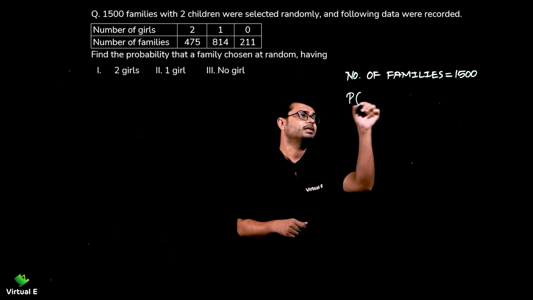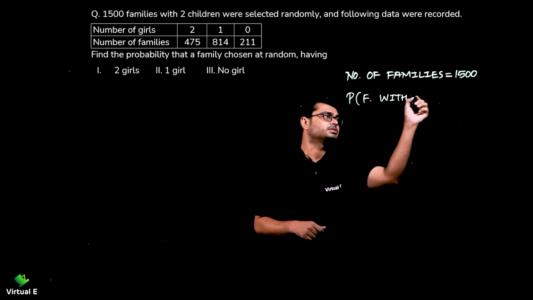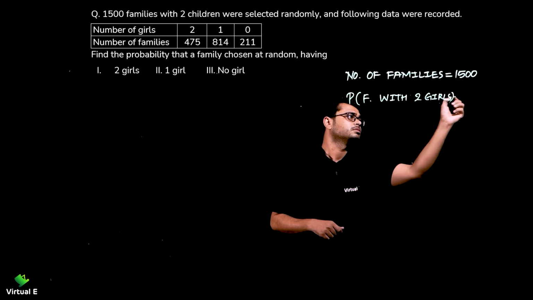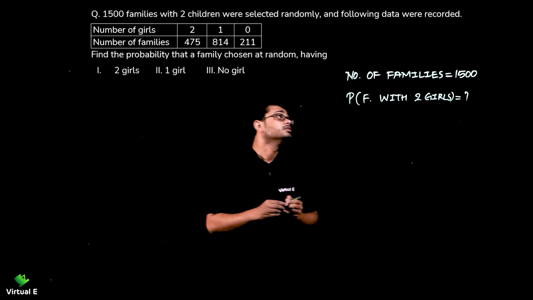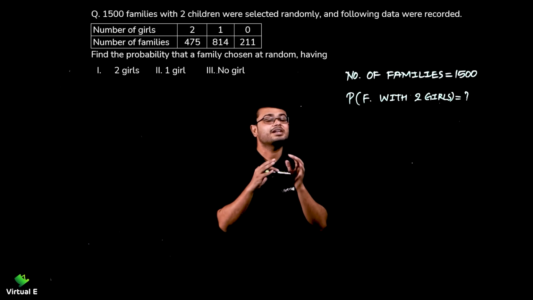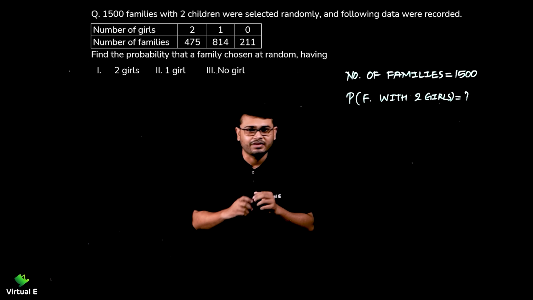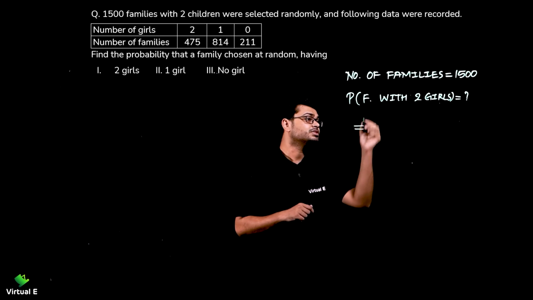So the probability of a family with 2 girls is question mark. So let's start. How many families are having 2 girls? We can see in the table, that is 475, right? Very simple. And the total number of families is 1500.